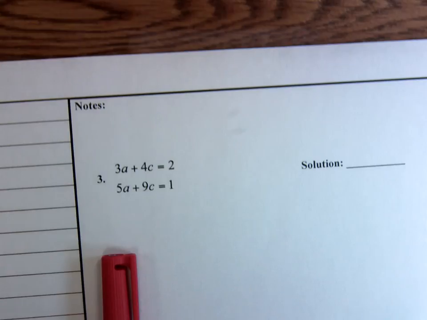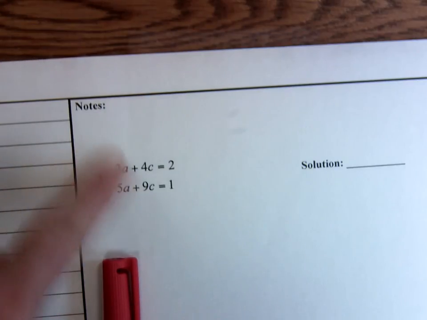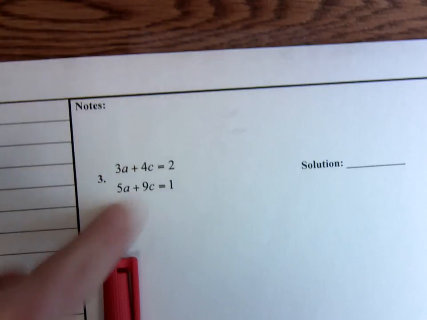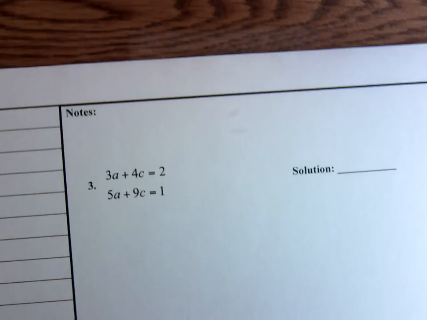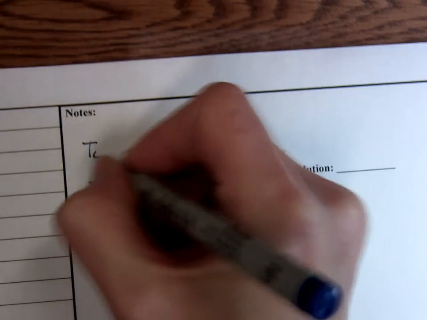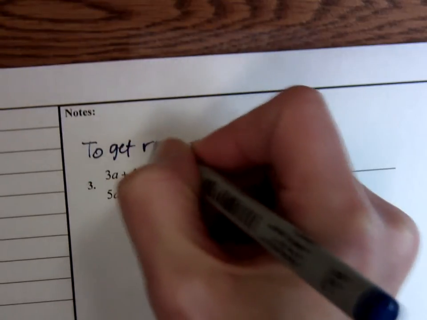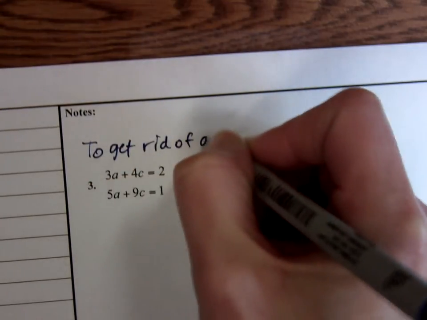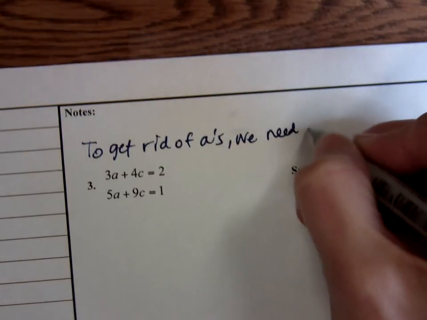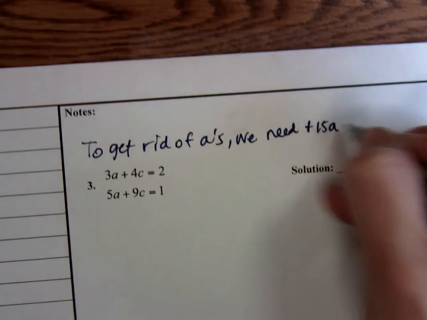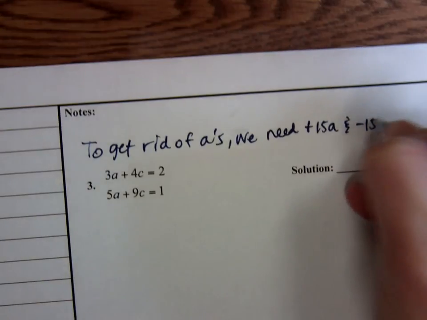Maybe you could multiply both equations by something. If we wanted 3a and 5a to cancel out, what would the magic number be? What would they both need to go to? This one, yes, to get rid of the a's, we need a positive 15a and a negative 15a.